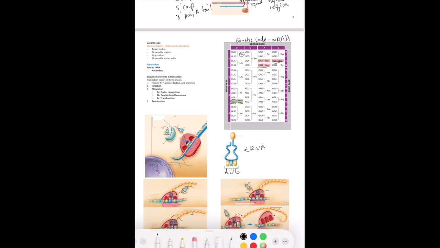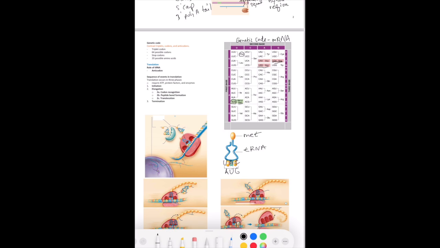It's just complementary base pairing, and remember we're substituting that U for T, so it'd be UAC. This is the tRNA for our methionine amino acid.